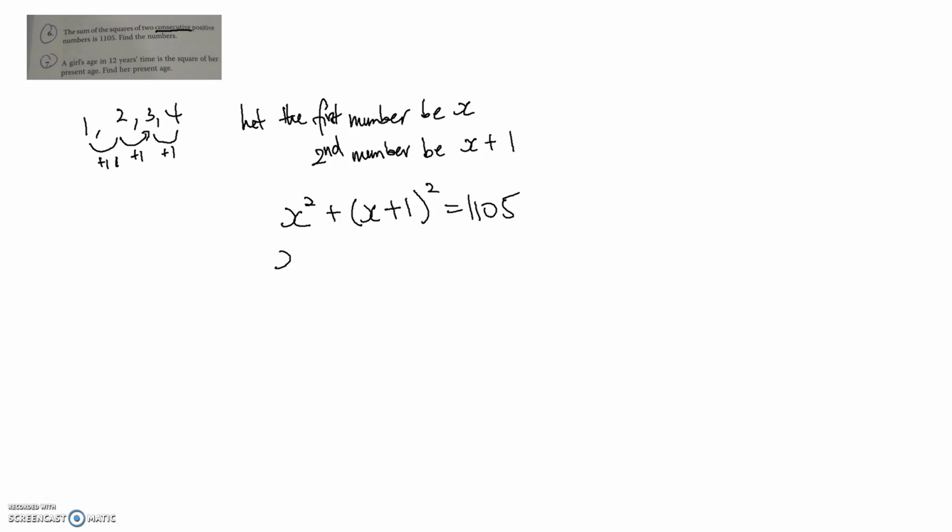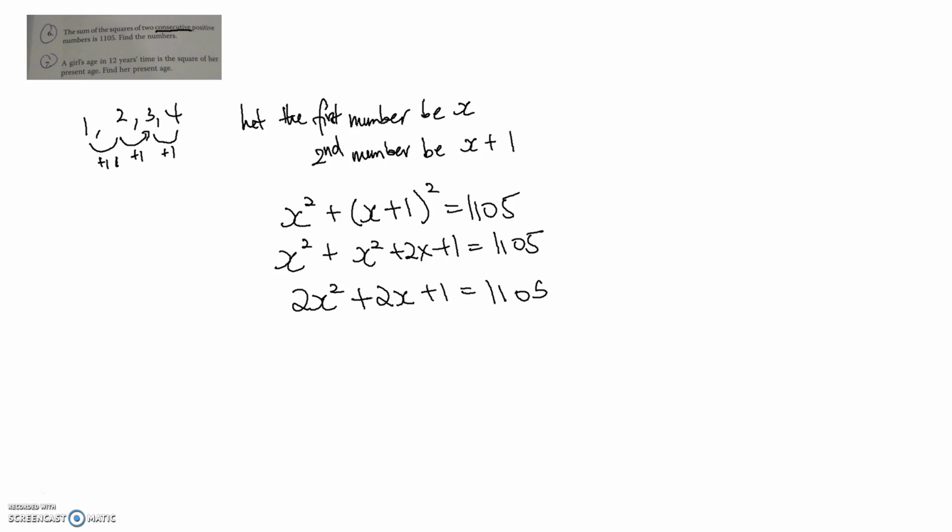So x squared plus (x plus 1) squared equals 1105. We expand it out: x squared plus x squared plus 2x plus 1, so 2x squared plus 2x plus 1 equals 1105. Nothing too complicated; we simply expand everything to make sure we have an equation.